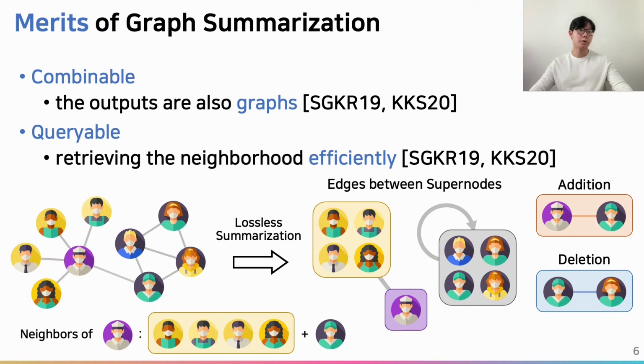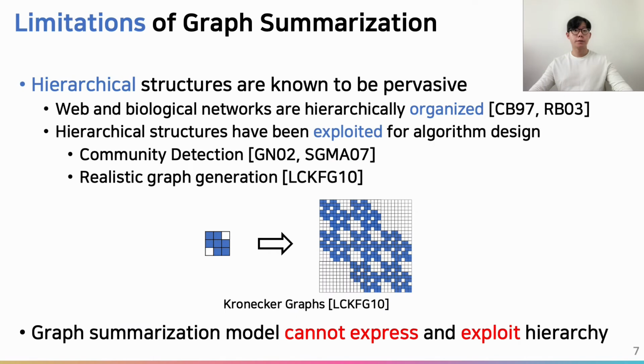This enables various graph algorithms such as DFS, PageRank, and Dijkstra's to run directly on output representations without decompressing the entire graph.